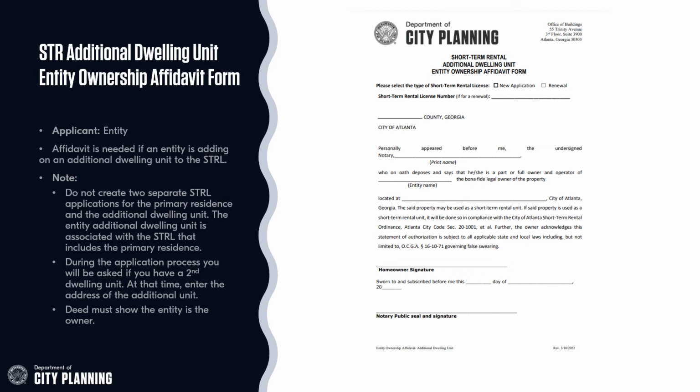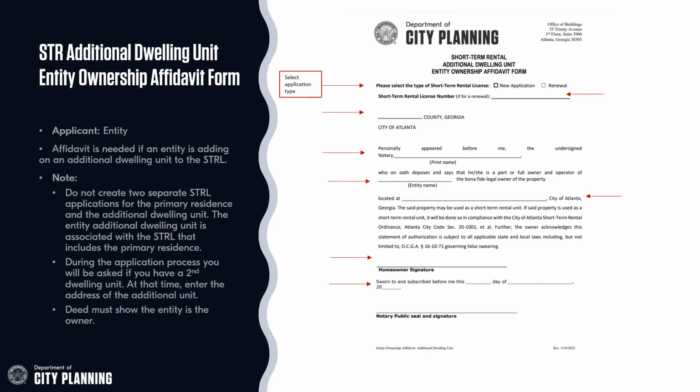The entity additional dwelling unit is associated with the STRL that includes the primary residence. During the application process, you will be asked if you have a second dwelling unit. At that time, enter the address of the additional unit. Please note, the deed must show the entity is the owner. Let's fill out the document.